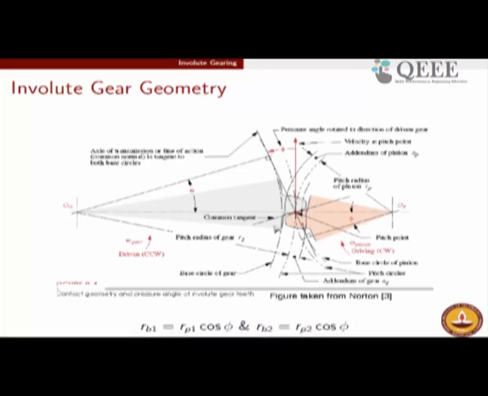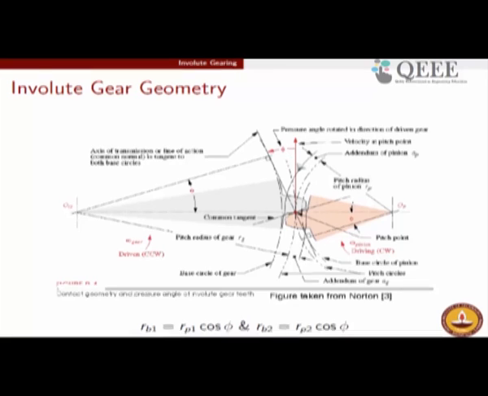So the pressure angle can also be said to be the angle between two tangents. One is the common normal, which is also the internal tangent to the two base circles, and the other is the common tangent to the two pitch circles. This angle is called the pressure angle.